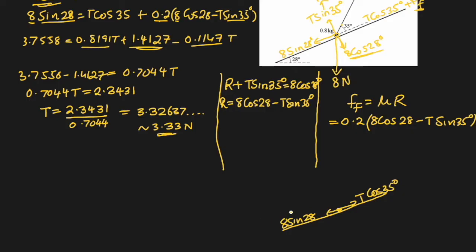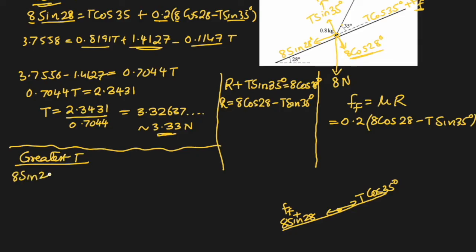And friction will join this force, so that T has to make up for friction as well as the natural force downwards, and that's why it will become the greatest force here. So our new equation for greatest force, so let me write greatest T. In that, this 8 sine 28 will be joined by the friction.